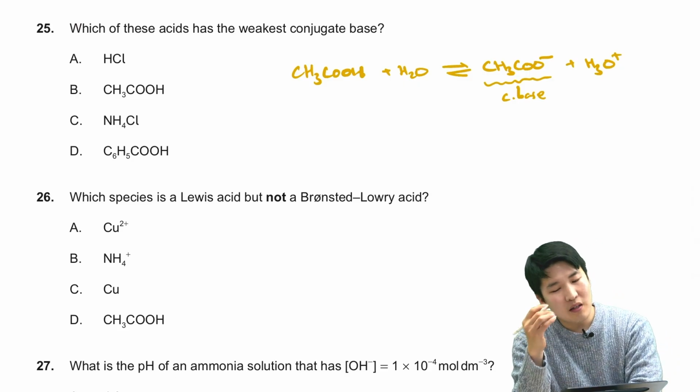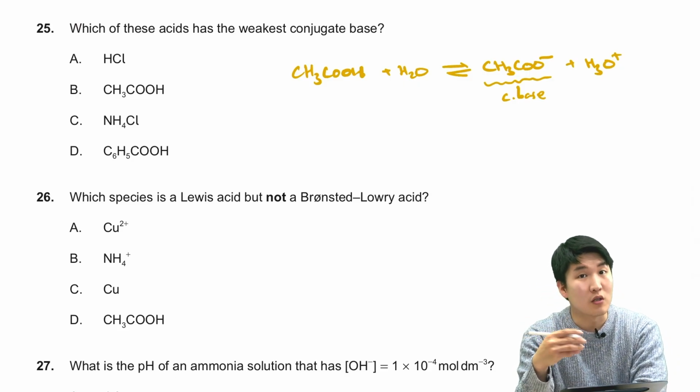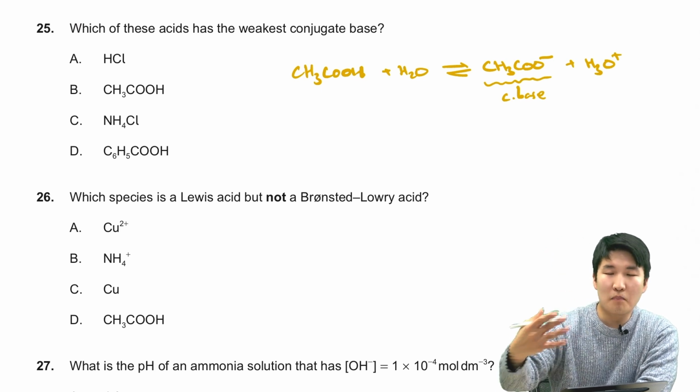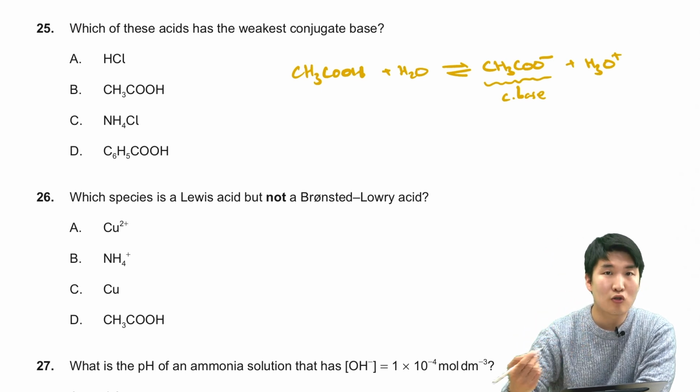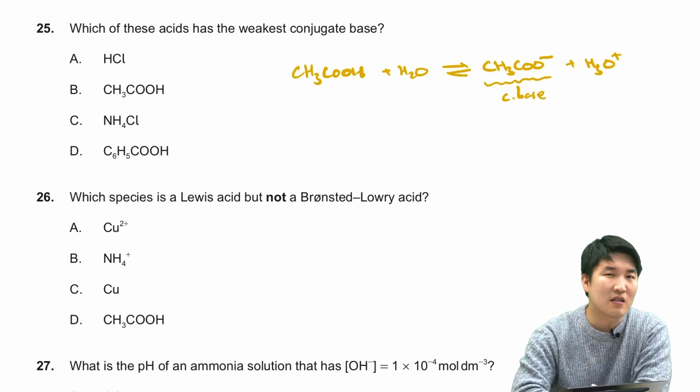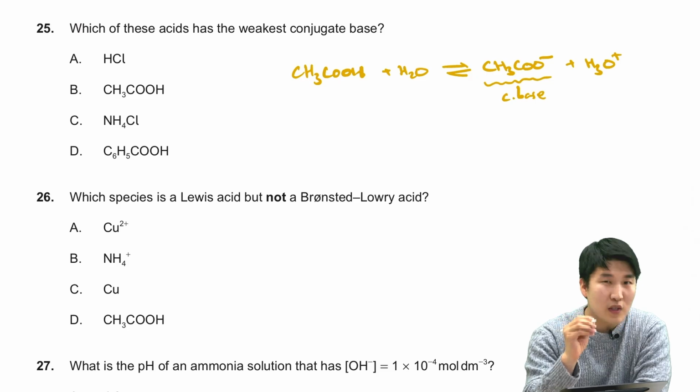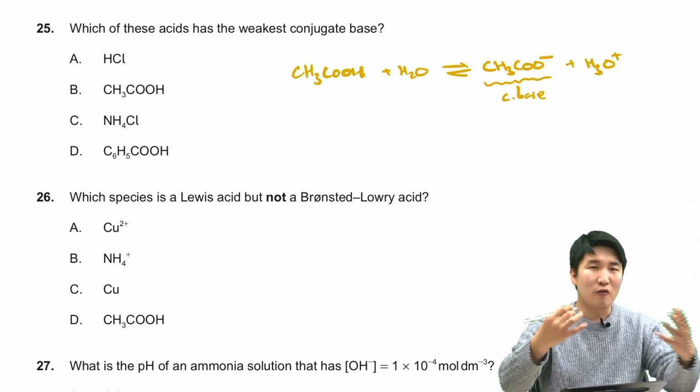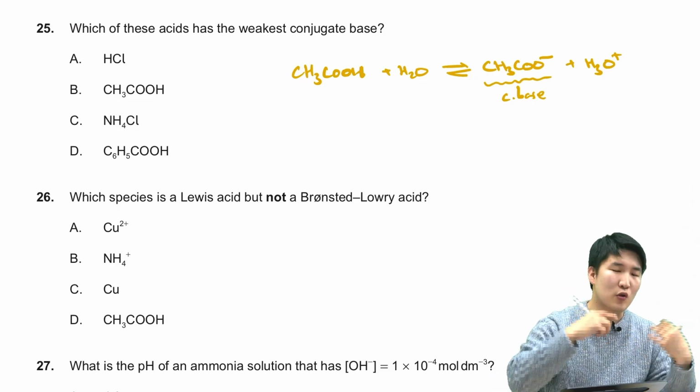And the reason behind that is conjugate base, once formed via dissociation, will re-pick up a proton to revert back to the original acid form. And that is because the conjugate base is quite strong, that it readily re-picks up H plus and goes back.